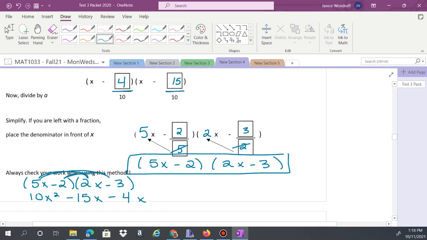And then negative 2 times negative 3, positive 6. And then these will combine to negative 19x. So we're back at our original problem. Now it's not going to tell you to use any certain method, so it really doesn't matter which one you use. It's really what you're more comfortable with using.